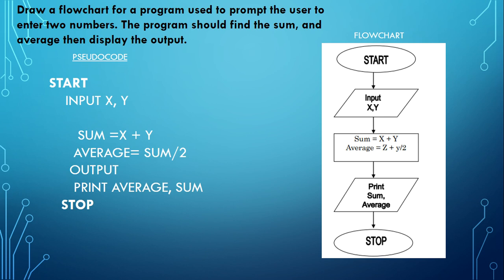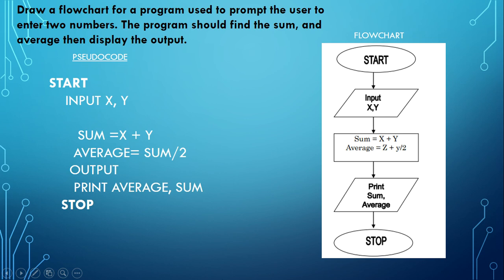The pseudocode starts with the keyword start, then input x, y, those are the two numbers. Sum equals x plus y, then the average is sum divided by 2 because there are two numbers, output average and sum. So this is just a simple plain text explanation of what this program should do.